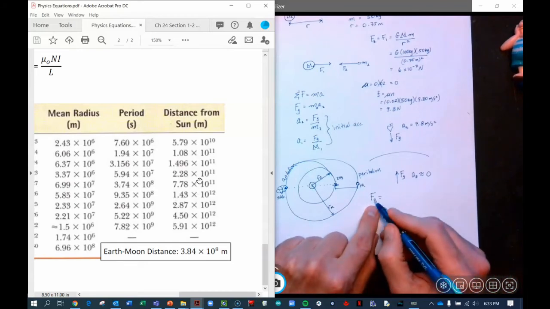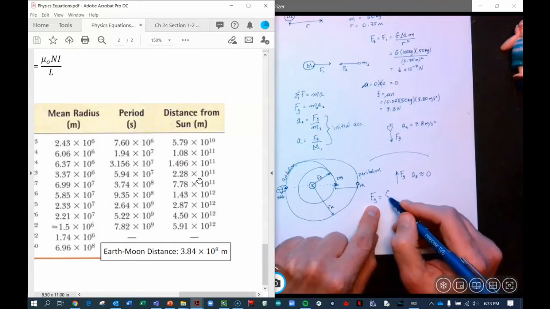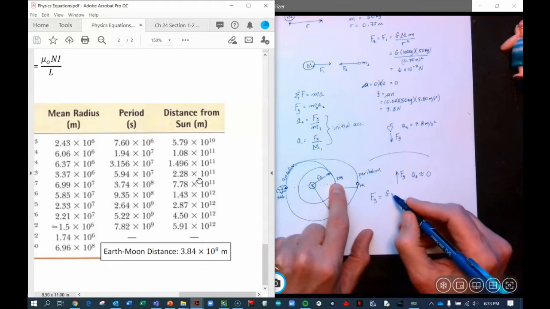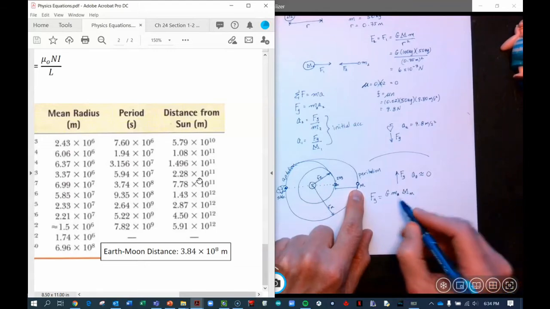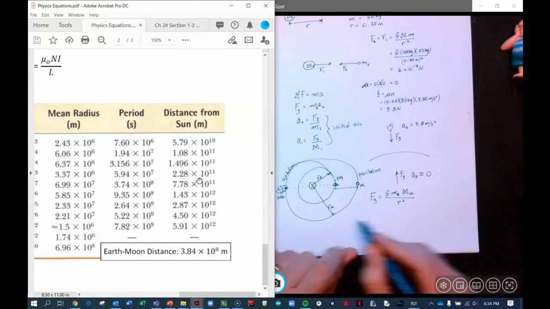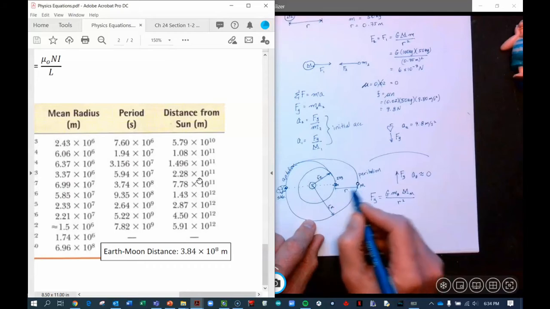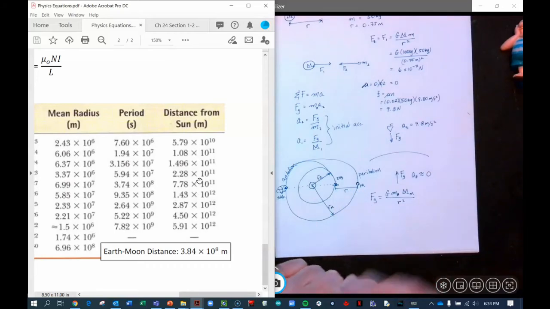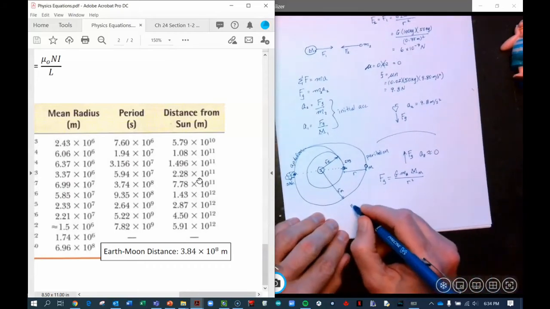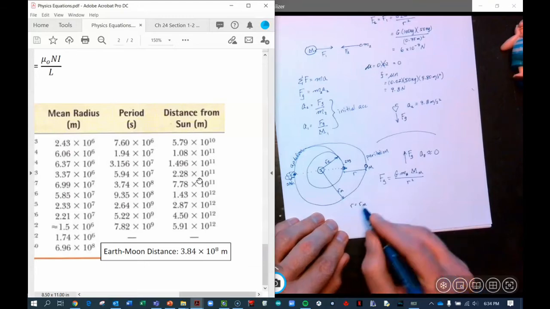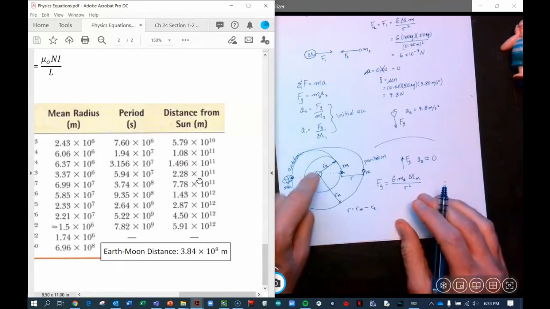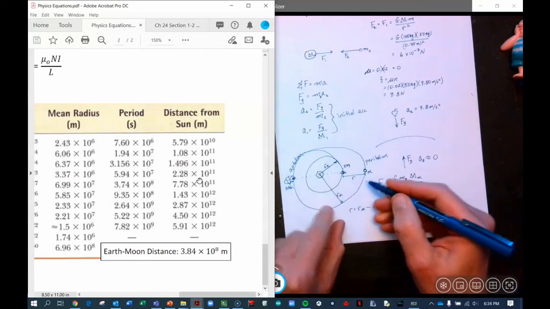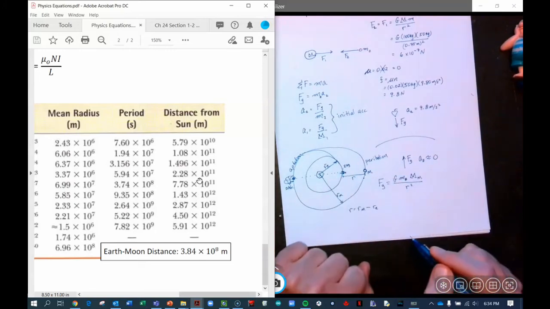So here, this is going to be G times the mass of one object, the mass of the baby, times the mass of the big object, the second object, the mass of Mars, divided by r squared. And again, this is r. It's the distance between their two centers. So what is r? R is going to be the orbital radius of Mars minus the orbital radius of Earth. Convince yourself that this distance minus this distance is that distance.